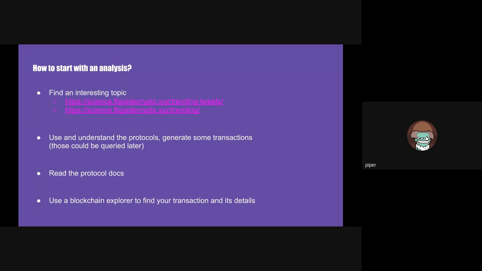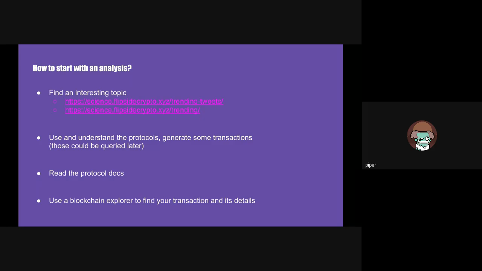Another very good thing is also to use all these blockchain explorers out there, because there you can again use the transaction IDs that you generated before when you tried out the protocol. You can search for the transaction IDs there, and you will get a summary of what happened inside the transaction.